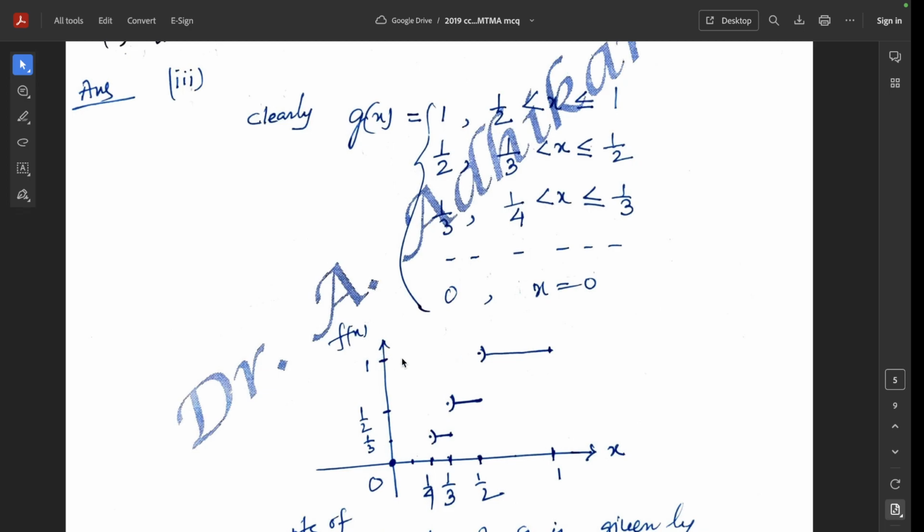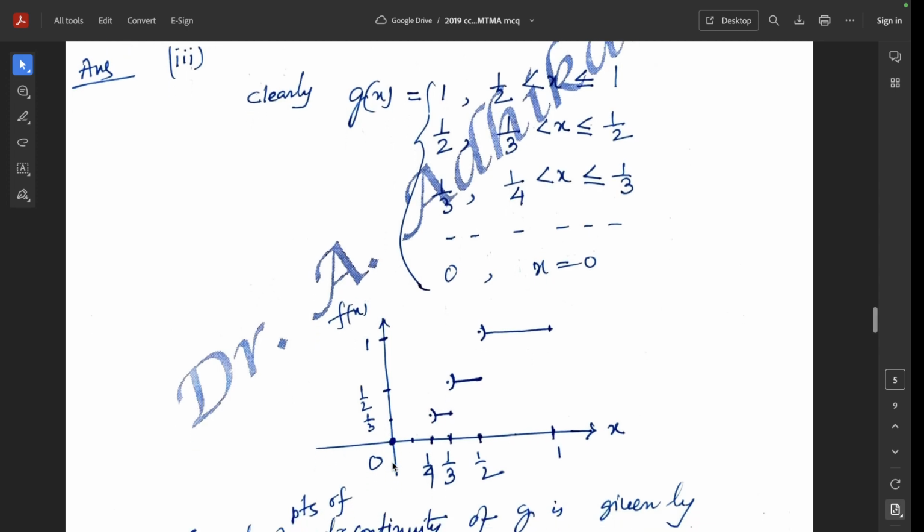So this value is 1, constant within this interval, and it is a piecewise continuous function. Then 1/3 and half: G(x) equals half here, in the interval 1/3 to 1/2, where 1/3 is open and 1/2 is closed. And the next interval, 1/4 to 1/3, is semi-closed, and the value is 1/3, and this point 0.